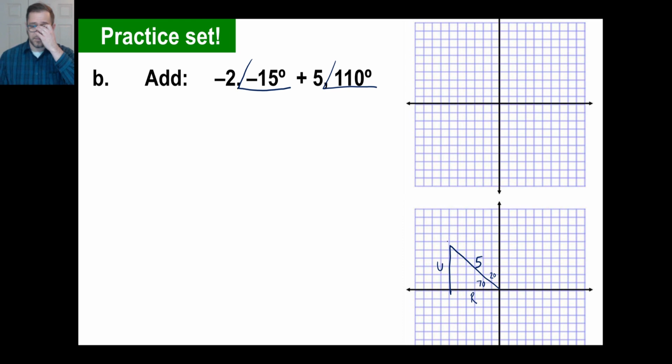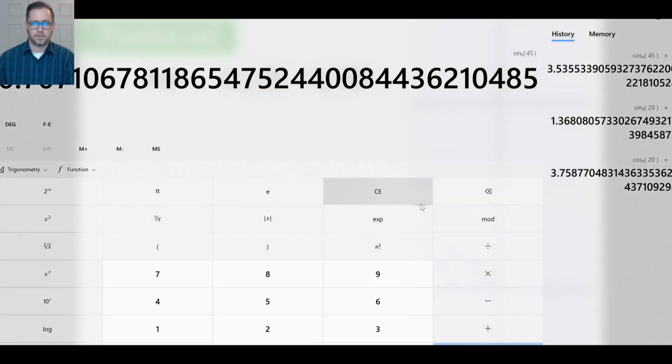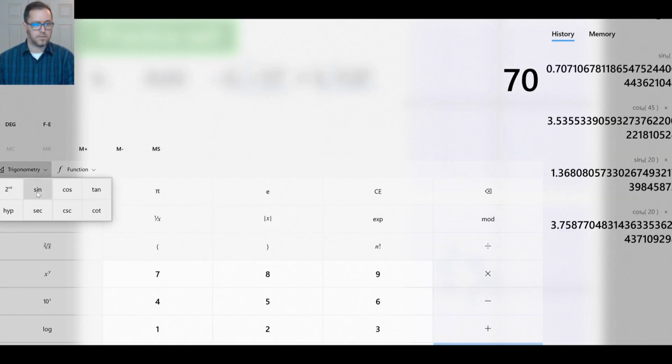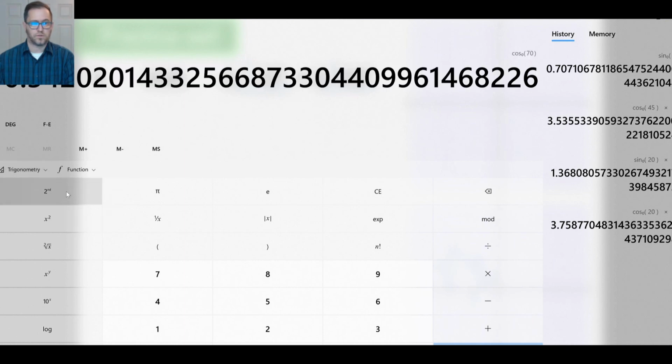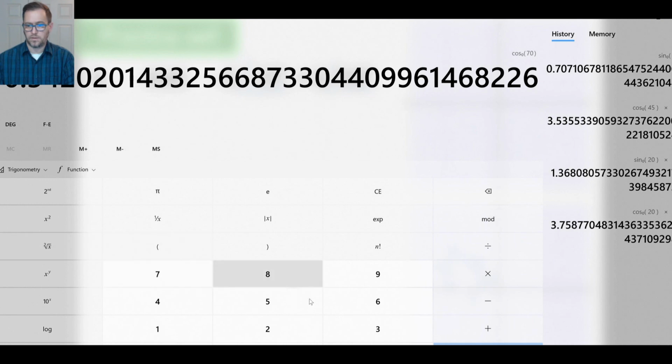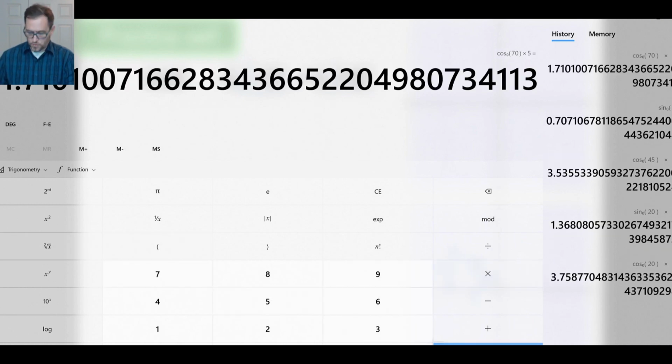Okay, well, let's figure it out. We got cosine and sine to deal with again. So we have a 70, and we have our cosine. So there she blows. 0.342. We're going to multiply that by 5, which will give us 1.71.